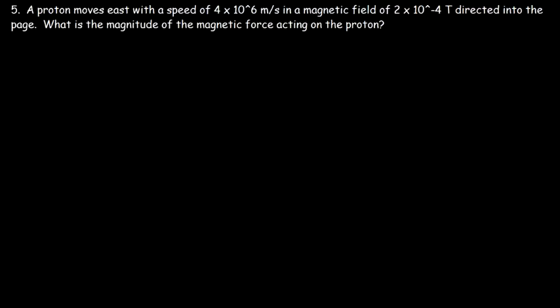All we need to know is that the velocity and the magnetic field are perpendicular to each other. The proton is moving east in the x direction. The magnetic field is directed into the page, that is, in a negative z direction. So therefore, the magnetic force has to be in the y direction.